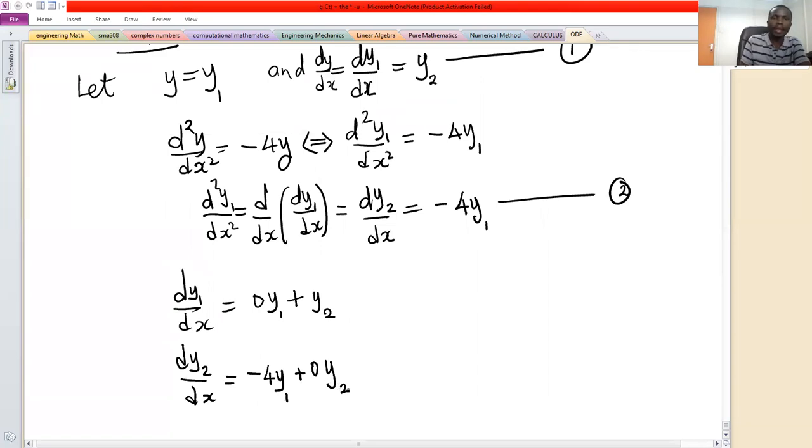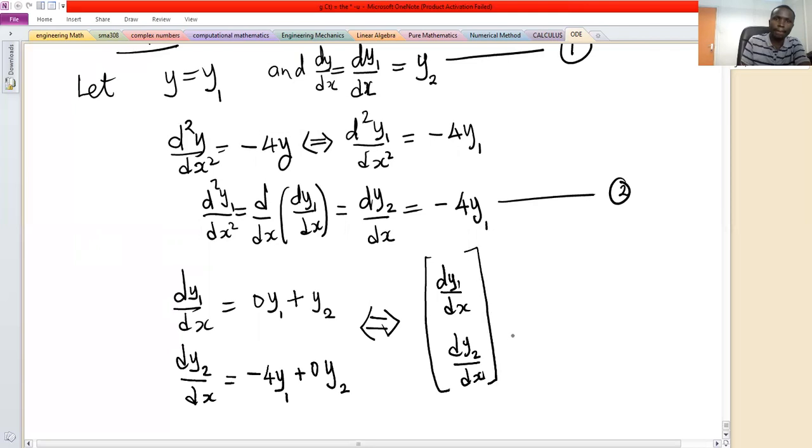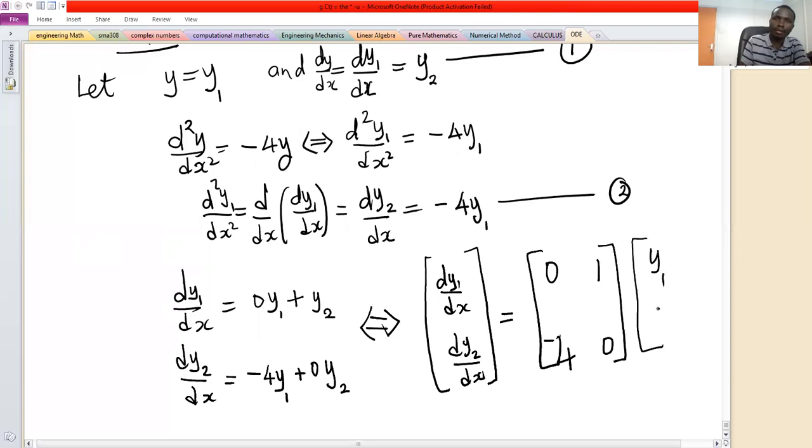Now from this, we write the matrix system as dy1 dx, dy2 dx equals 0, 1, minus 4, 0, and then y1, y2.